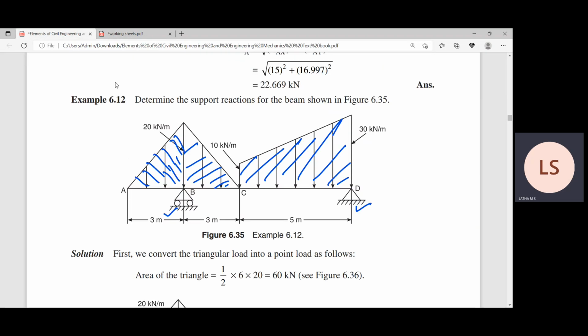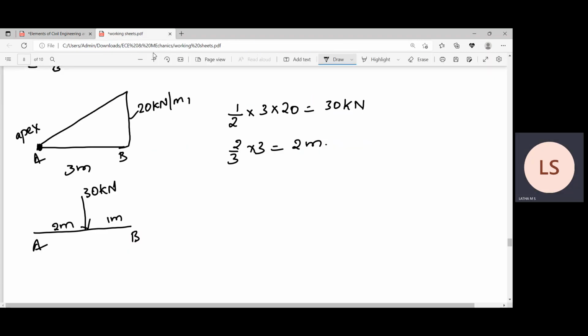Similarly, do it for the BC load, which is spanning on BC. I'll complete it here also so that you get a picture of the triangular load. What is the intensity?